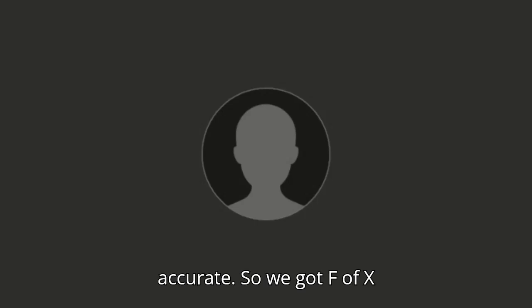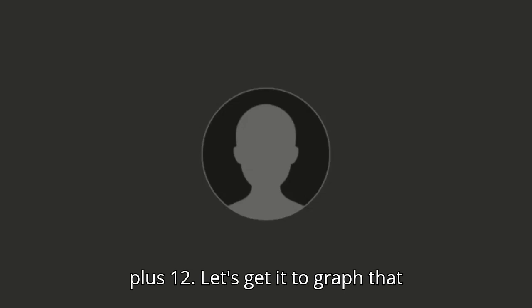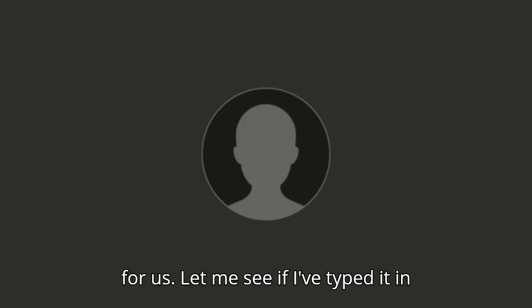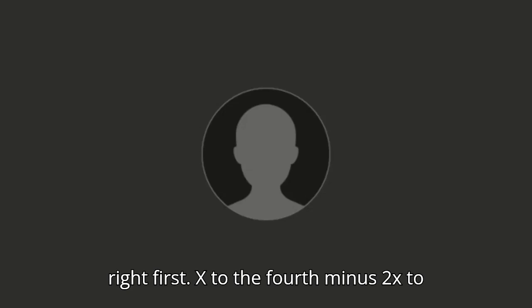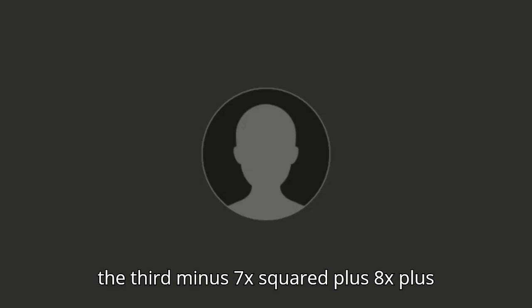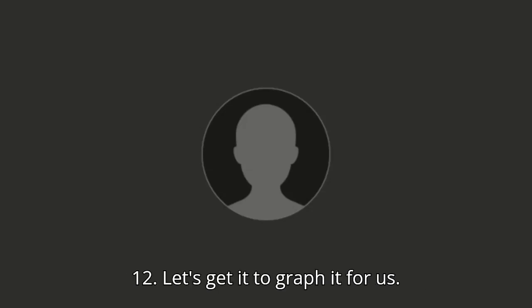So we've got f of x equals x to the fourth minus 2x to the third minus 7x squared plus 8x plus 12. Let me see if I've typed it in right first. x to the fourth minus 2x to the third minus 7x squared plus 8x plus 12. Let's get it to graph it for us.